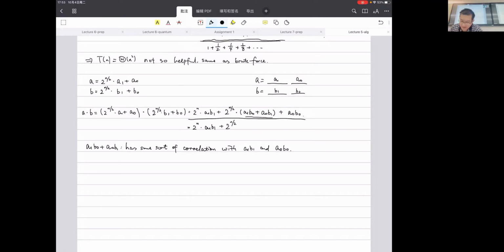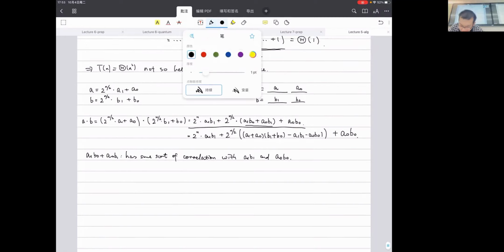So here I'm not using A1 B0 plus A0 B1. I'm using this: A1 plus A0 times B1 plus B0 minus A1 B1 minus A0 B0. I guess this should be correct to you, right? So here, let's use some letters.